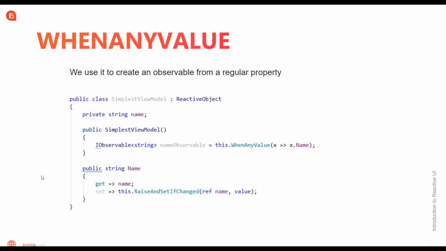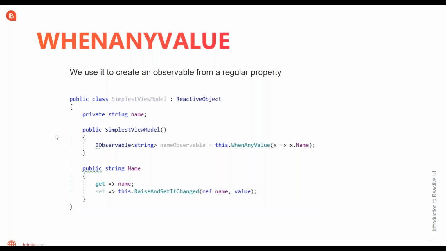We need to transform them into observable sequences. This is why we have the WhenAnyValue method in this code. And what does it do?